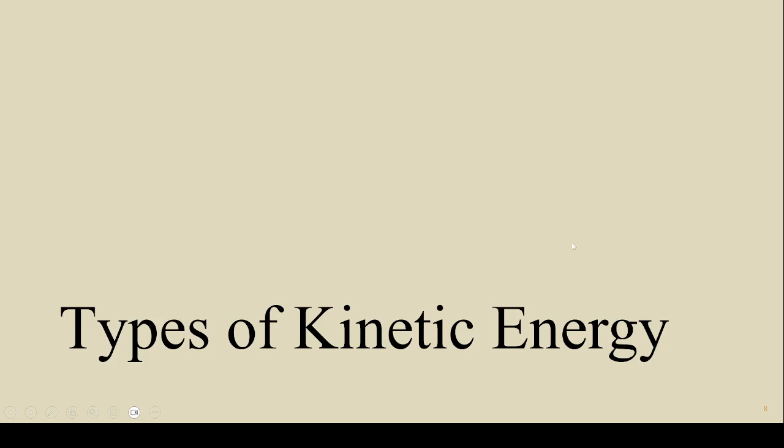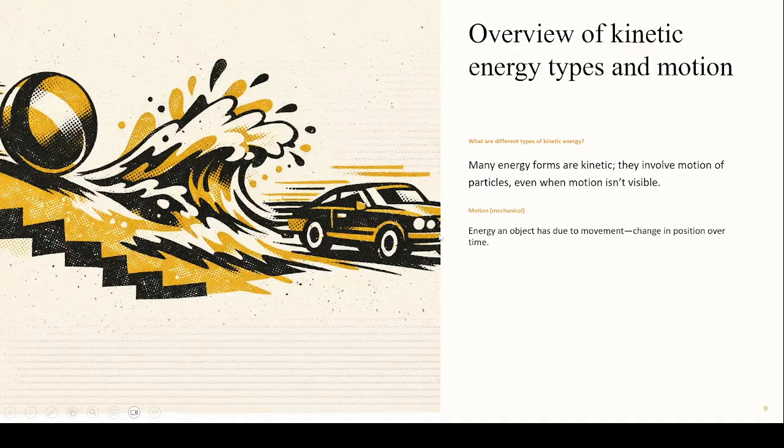Now, what are the different types of kinetic energy? Let's see. Many energy forms are kinetic, because they involve motion of particles. Everything, like the table in front of you, or the laptop you are watching this on, is made up of particles.